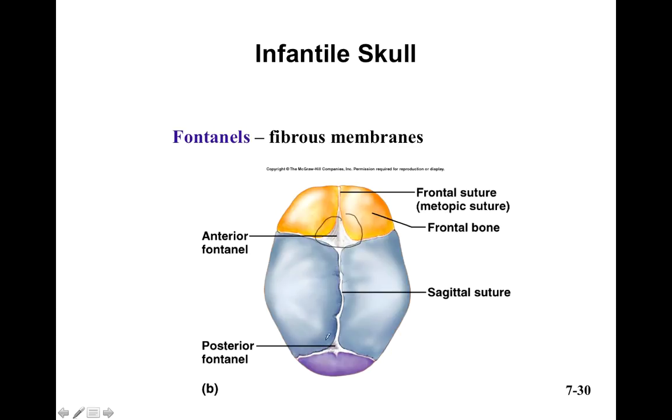And this connective tissue is called fontanelles. The anterior fontanelle is one of the last ones to fully ossify, or fully become bone. And it happens at around 18 months. So the correct answer is at 18 months, the anterior fontanelle becomes fully ossified.